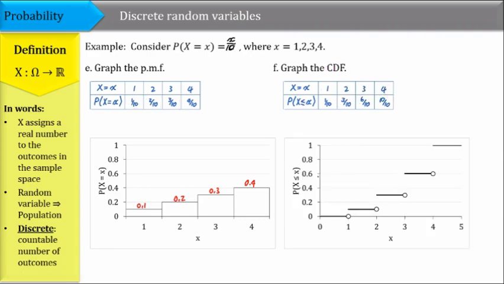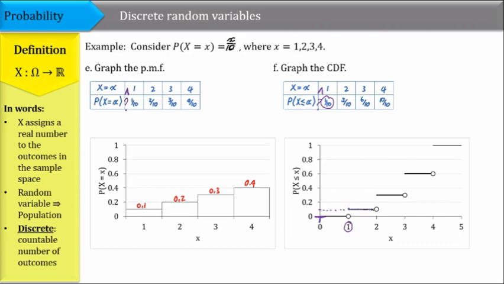But keep in mind, this is a step function. It is not a bar graph. It is a step function. So let's see what this means. When x is equal to 0, you can see there's no 0 there. Because there's no 0, there's no probability. So when x is 0, we have nothing. Then at position 1, when x is equal to 1, we make a jump up to 1 over 10.